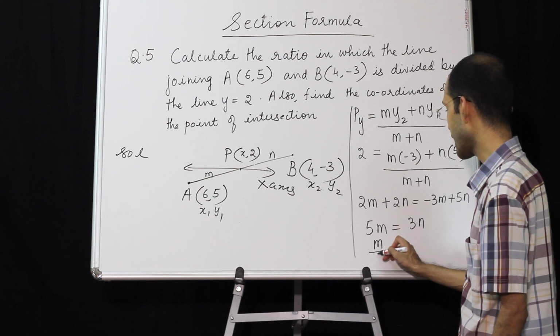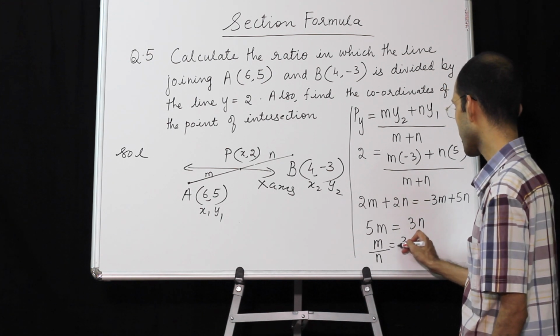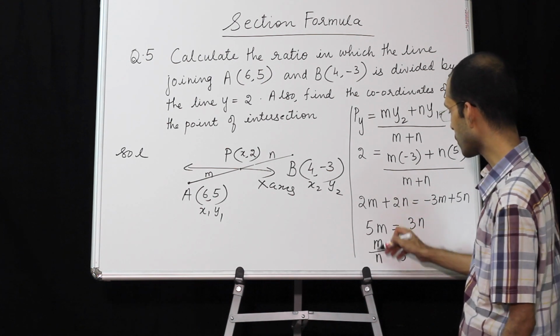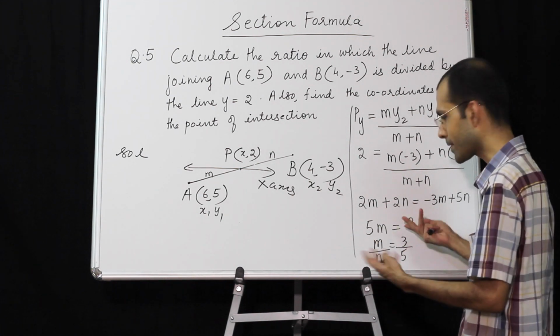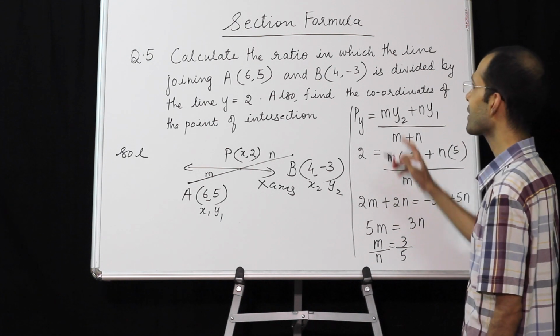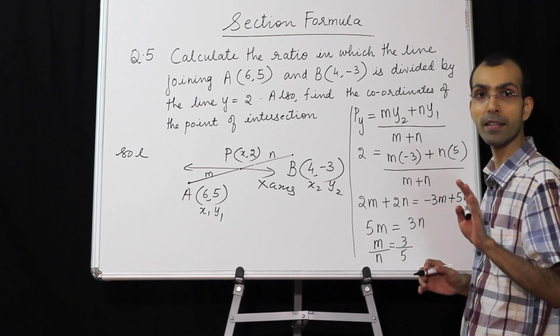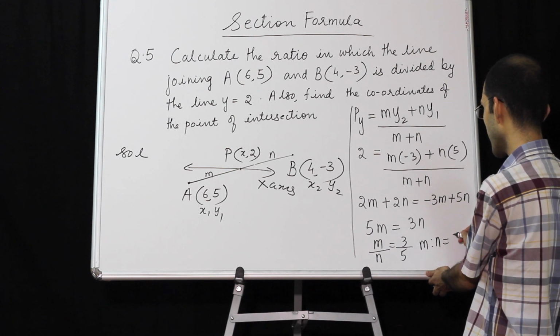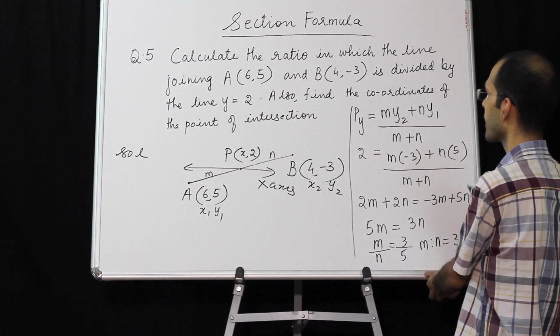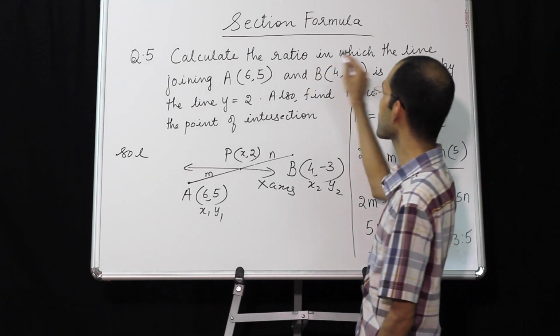Now m upon n will be 3 upon 5. If you have a doubt, cross multiply and see; you should get back the previous step. If not, then just interchange. But they have asked for the ratio, so we put it in ratio format: m is to n will be 3 is to 5. And this completes the first part.